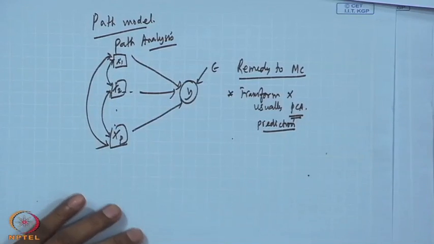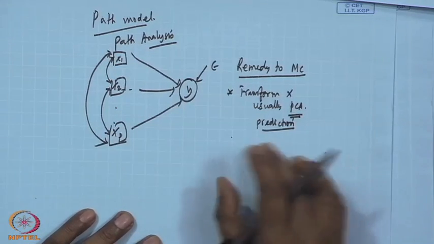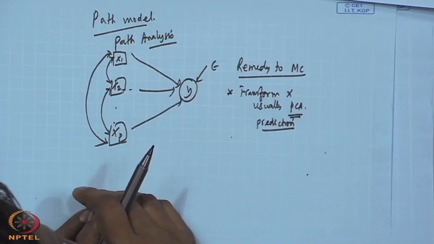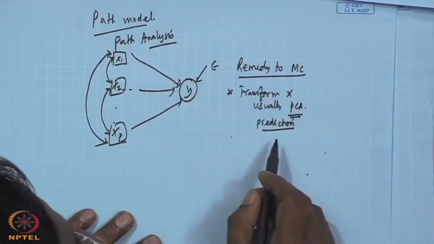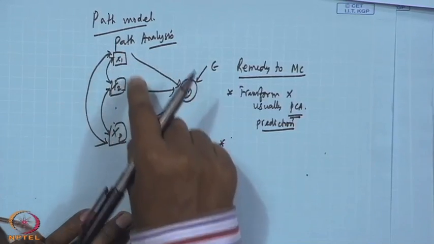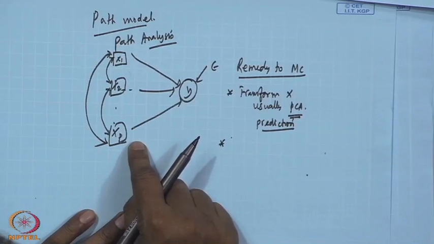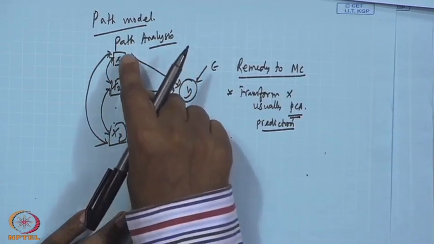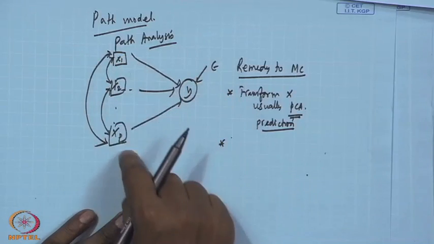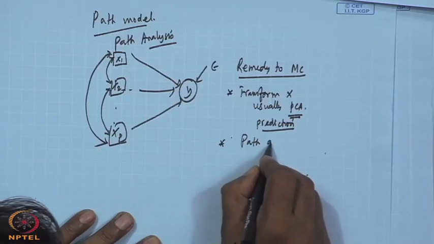In electrical engineering, I know that some predictions use principal component regression. If you want to keep the names of the independent variables the same and you do not want to lose the nature of the variables, then you go for path analysis.